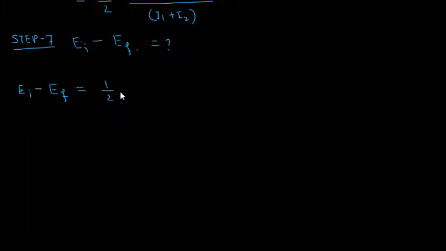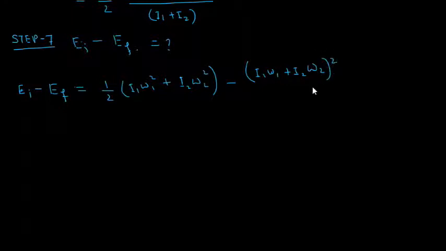Half (I1 omega 1 square plus I2 omega 2 square) minus (I1 omega 1 plus I2 omega 2) whole square upon 2 (I1 plus I2).